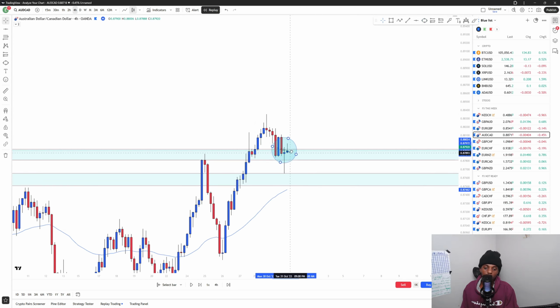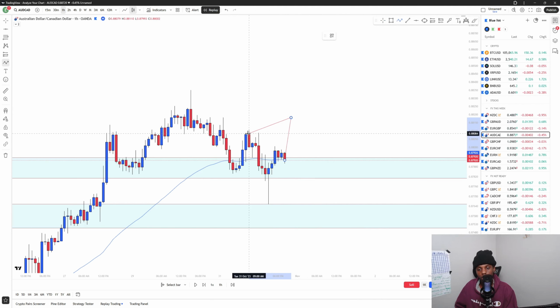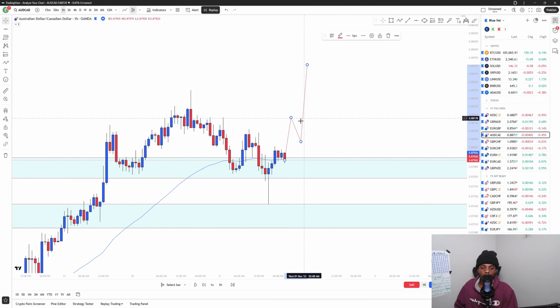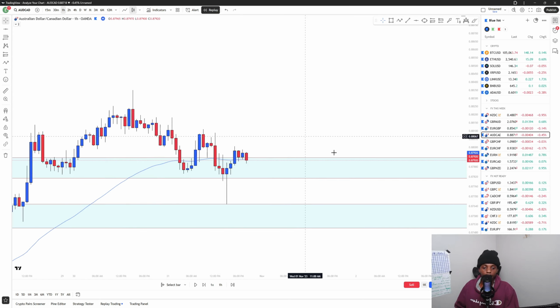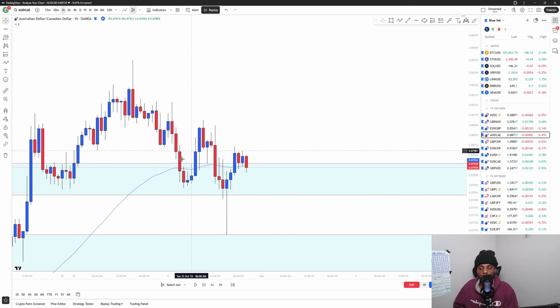Now I'm gonna be waiting for a shift of structure: for this to go down to create a new lower low, and then close above the lower high, shifting bullish, or maybe go up, close above this lower high, shifting bullish, and then I'm gonna consider entering. Or just to make it simple, I just need the 1 hour to be bullish.